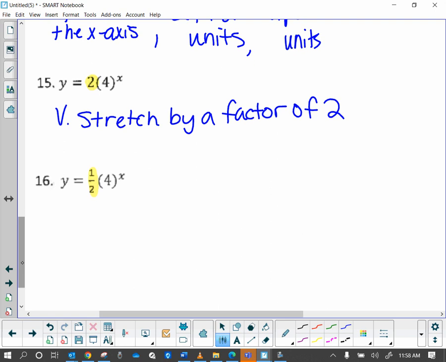So this one would be B and the opposite of stretch. Which is, I forgot what that's called. Shrink. Shrink. Oh, B. So number 16 would be a vertical shrink by a factor of 1/2. Or you can say 0.5.